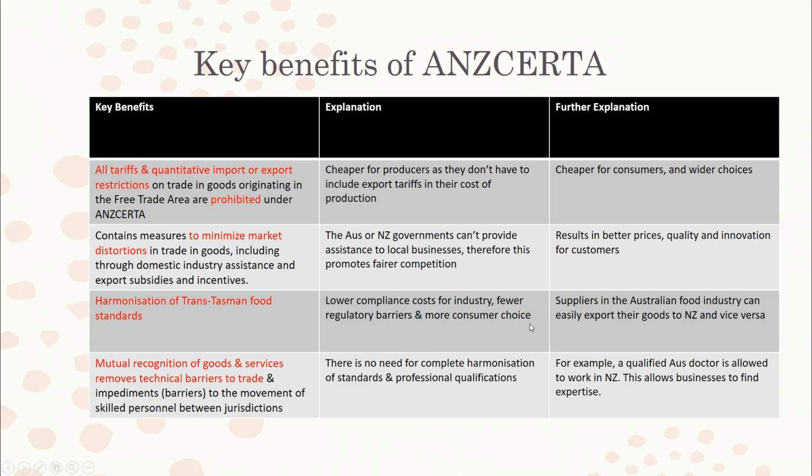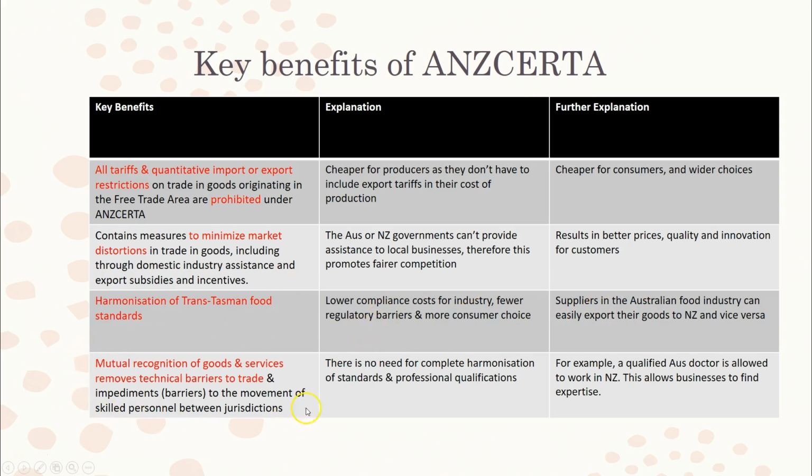So Australians can now obtain food from New Zealand and vice versa. Why do we say lower compliance costs? It's because, let's say you're an Australian exporting to New Zealand, you do not have to undergo extra quality tests, you don't have to obtain different food certifications, you do not have to, like in Malaysia, be halal certified, etc. In this case, they just recognize each other's food standards.